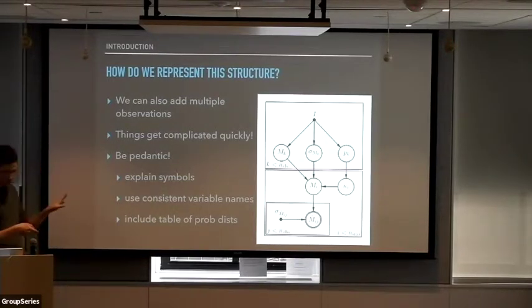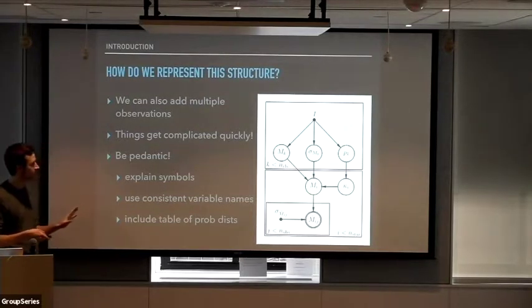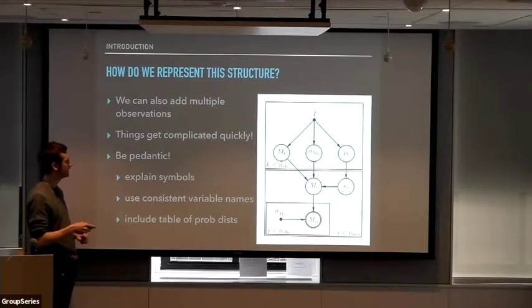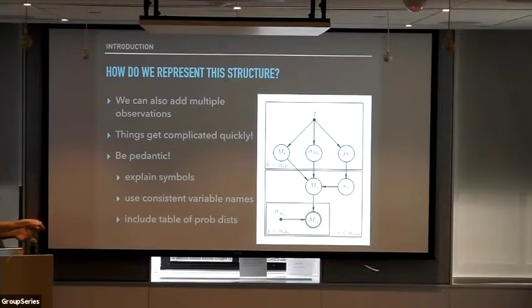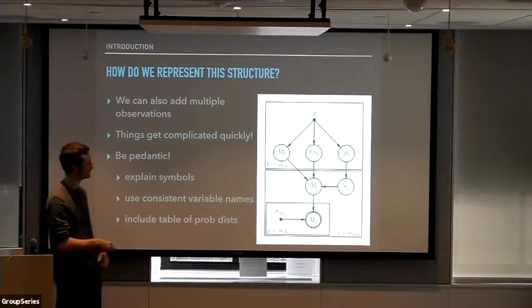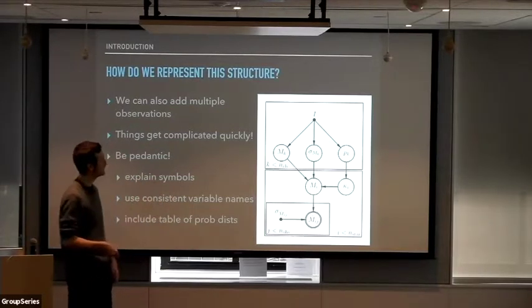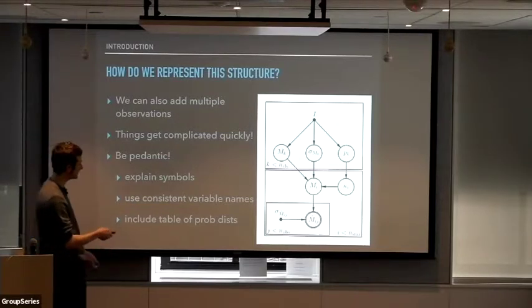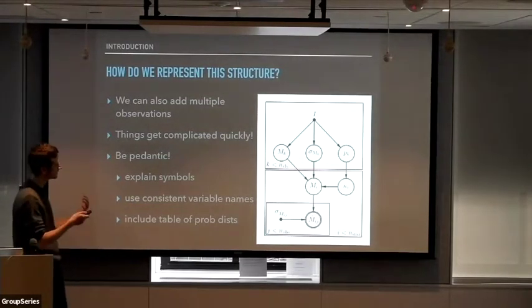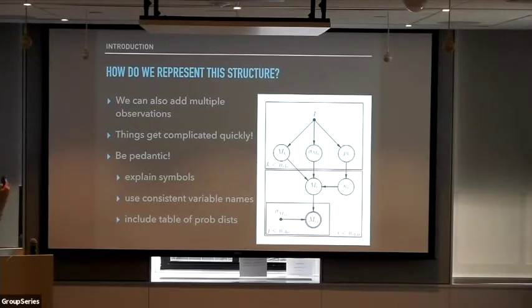As I'll show you in a couple of slides' time, there are many different ways of doing this, and so it's very helpful if you actually explain exactly what you've done here, explain the fact that this red square is a population, this circle here is a latent variable, this is an actual variable, this is an observation, stuff like that. And yeah, list all of your variables, put them in a table somewhere, list all of the distributions that you're using to describe these links, which is something I should talk about, sorry.